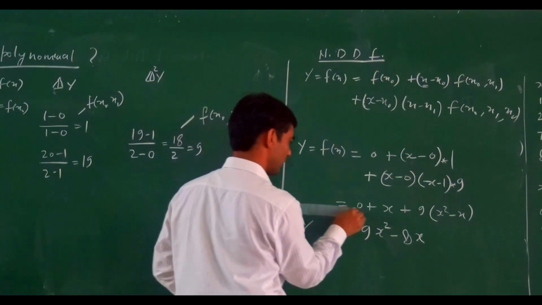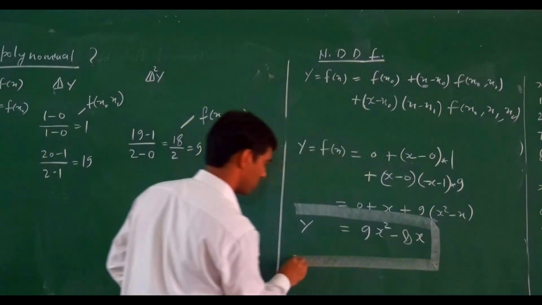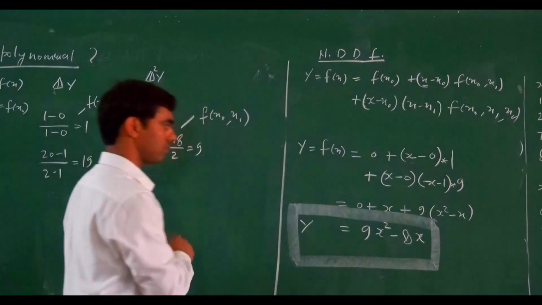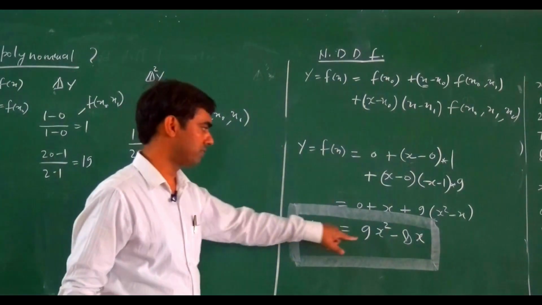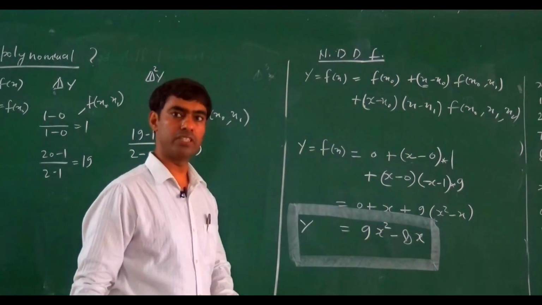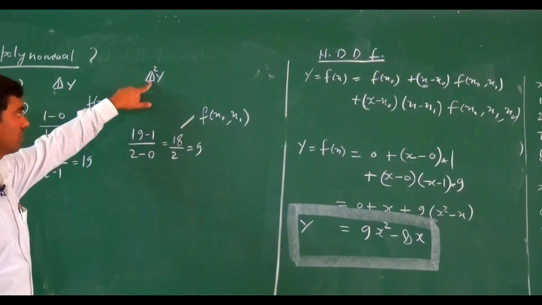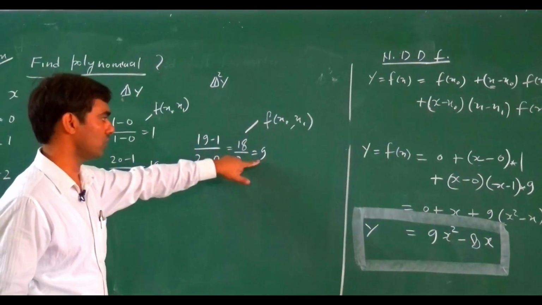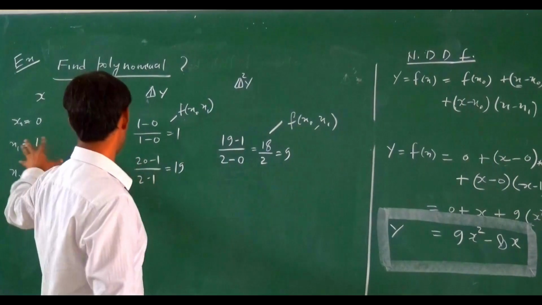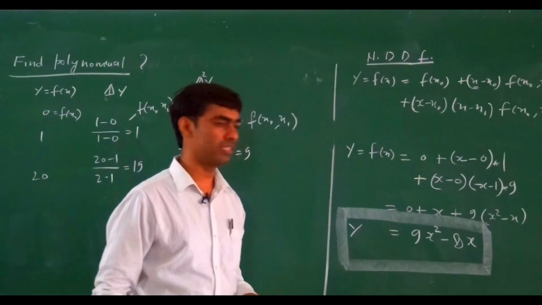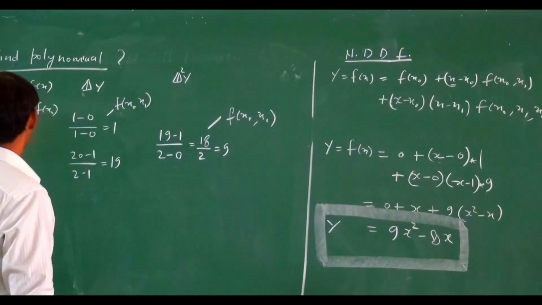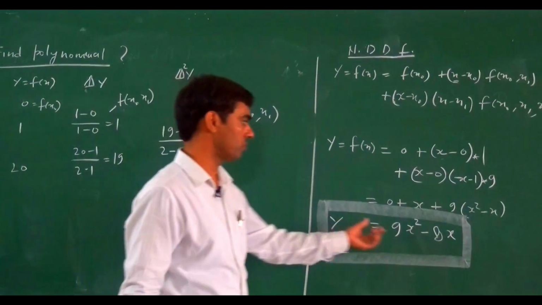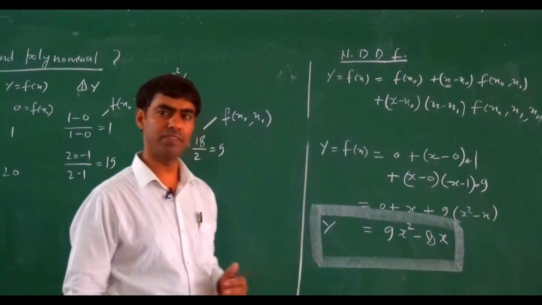So this is a polynomial of degree 2. The second order divided difference is a constant, so we can only fit a second degree polynomial. If you put x equal to 0, the value of y is 0, so we can easily verify.